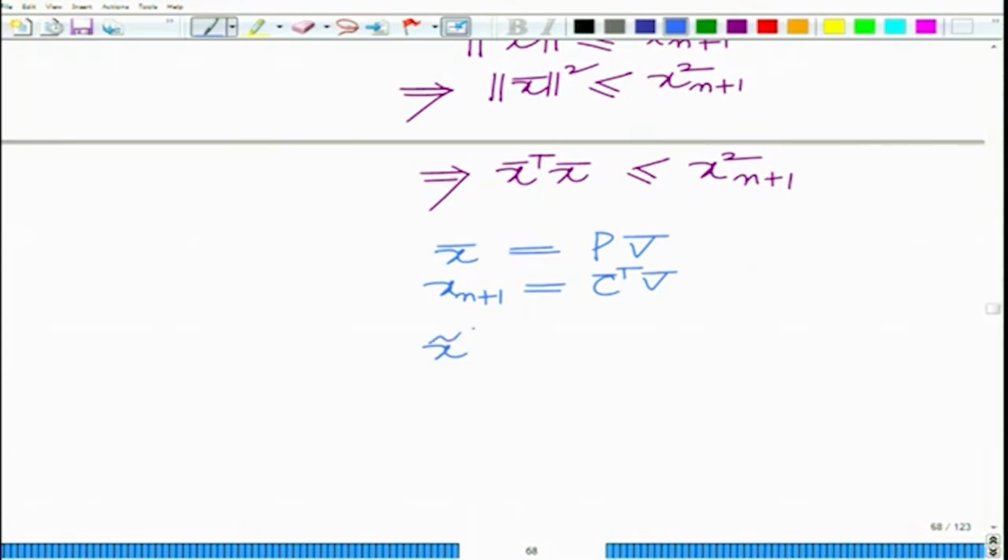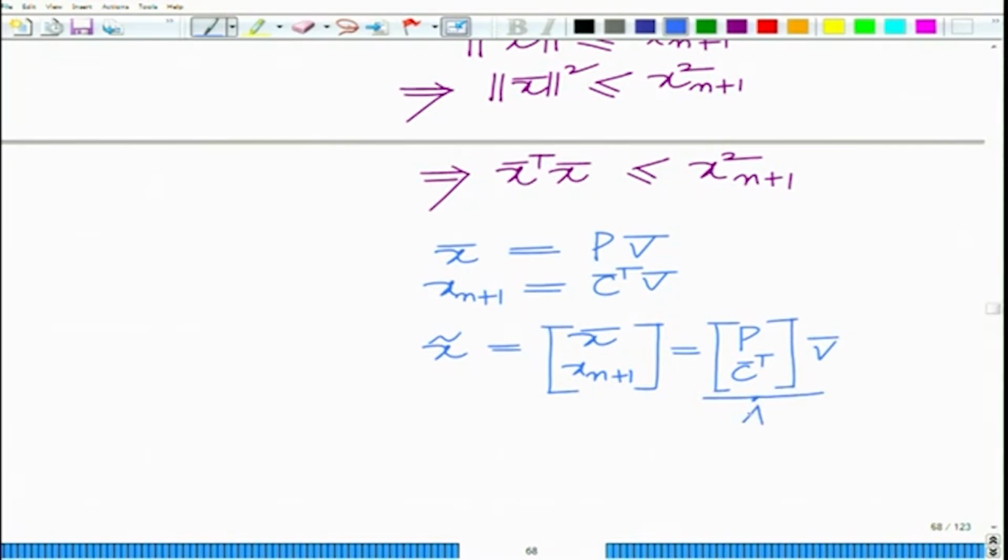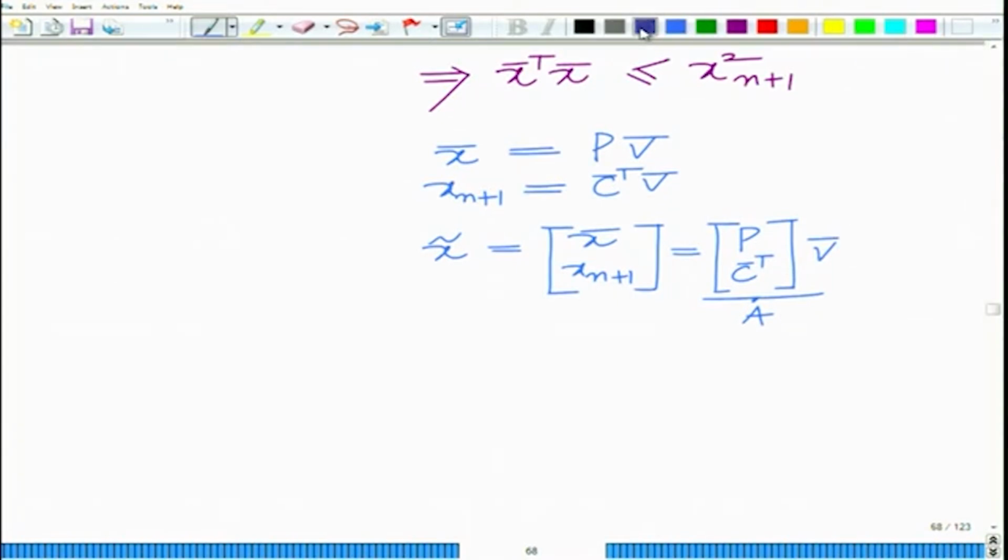So, I can write x tilde, which is the vector x bar, x n plus 1, as equal to the stacked matrix P, c bar transpose times v bar. So, this is your matrix A, and b bar is 0. So, this is an affine transformation, or rather, this is an affine function.